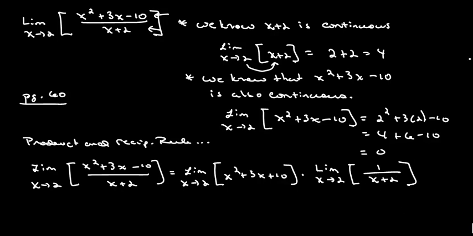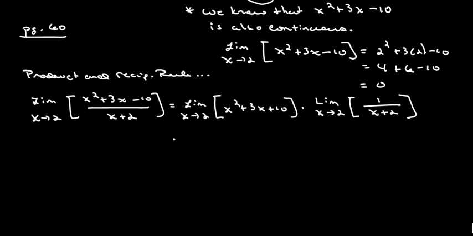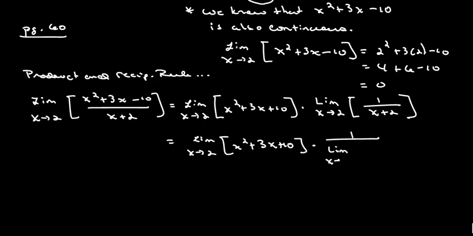This is the product rule, so that I can split those guys up. This right here, I'm going to do the limit as x approaches 2 of x squared plus 3x minus 10 times 1 over the limit as x approaches 2 of x plus 2.